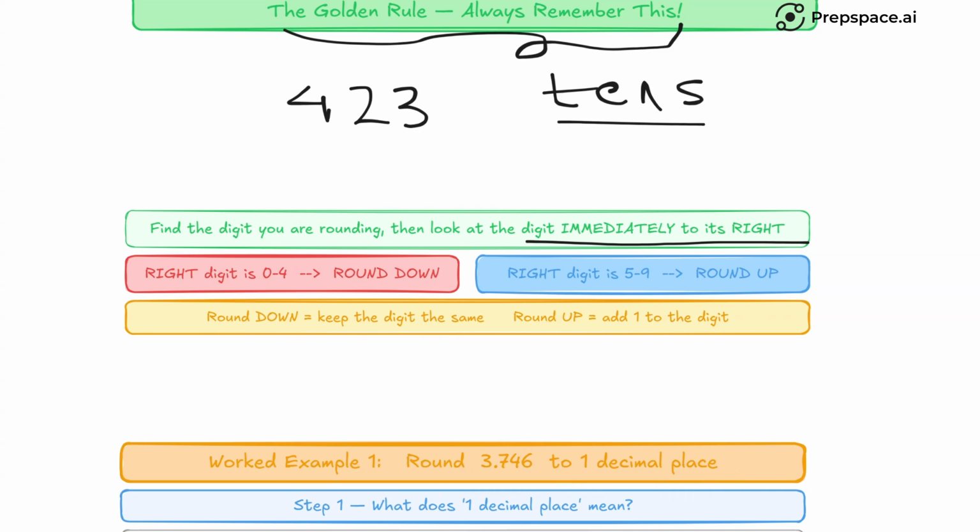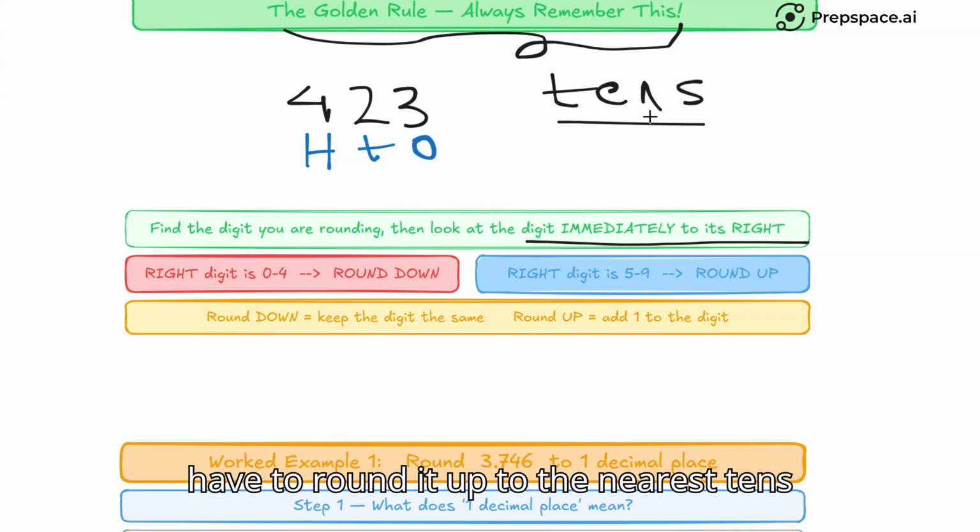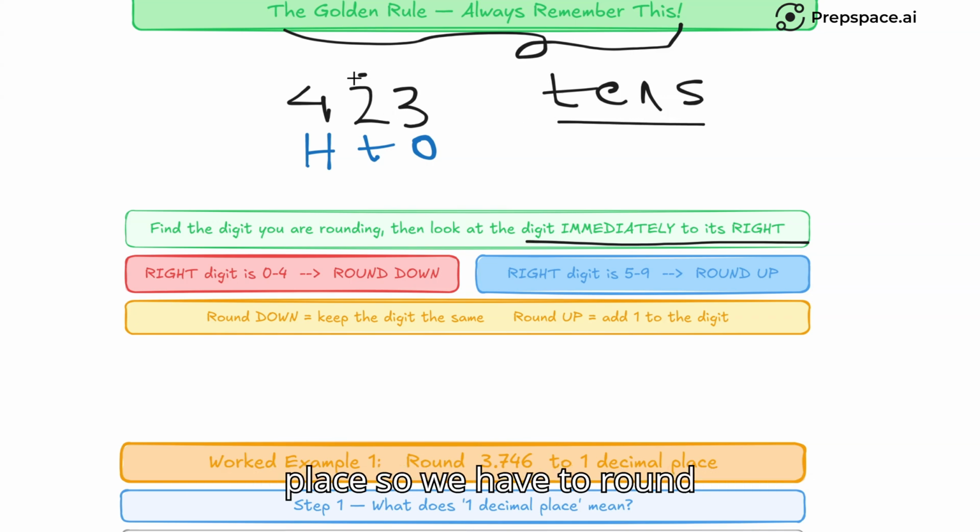So here 3 is in the ones place, 2 is in the tens place, and 4 is in the hundreds place, right? So as per the question, we have to round it to the nearest tens place. So we have to round 2, right?